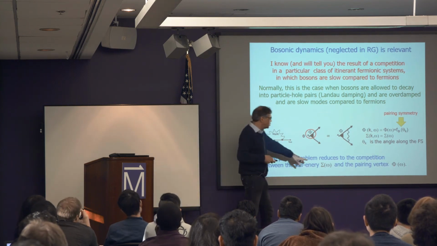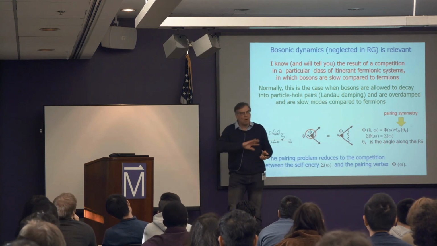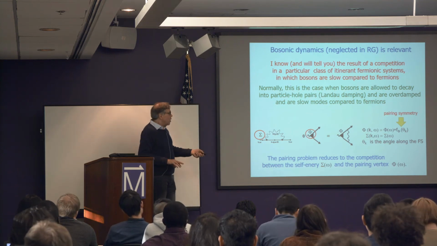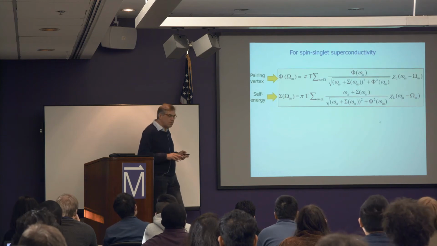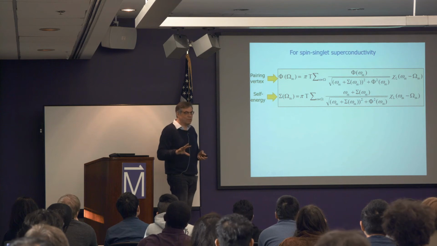Both generally depend on momentum and frequency. And again, there is a limit when all momentum dependence can be taken care of accurately. You end up with these two objects, and they are coupled to each other.